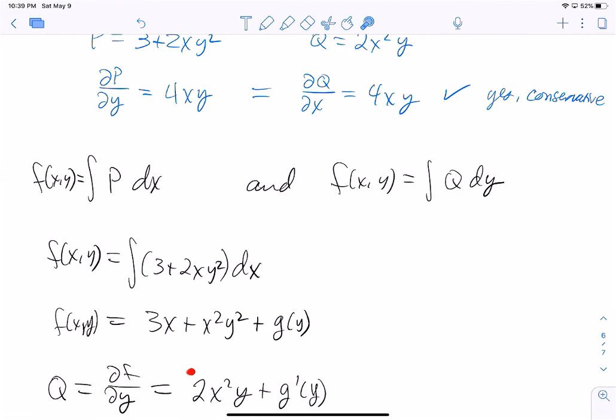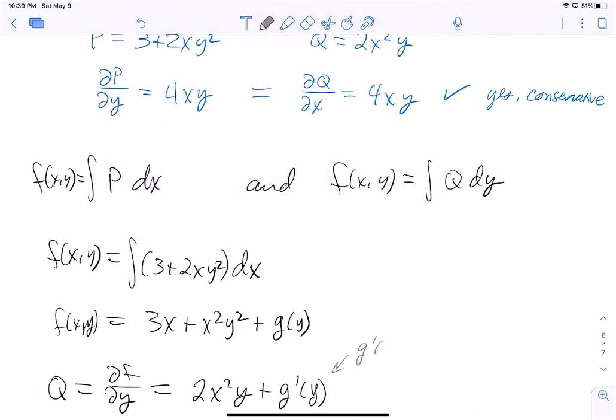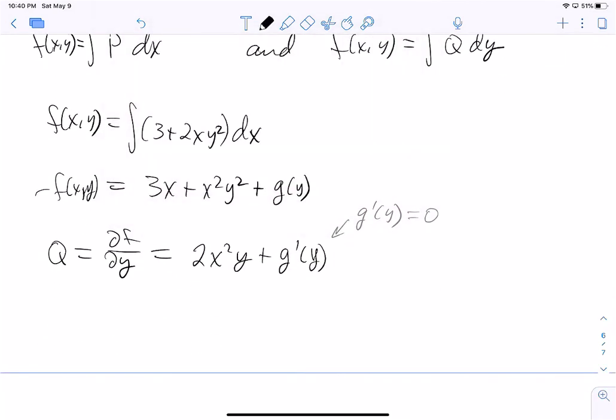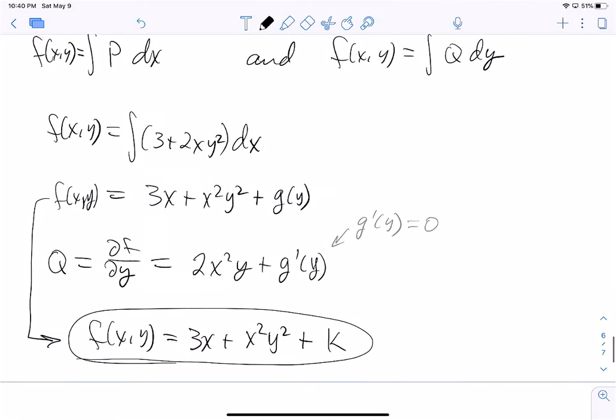Since what we have is 2x squared y plus g prime of y, we know that g prime of y must be 0. Therefore, knowing that g prime of y is 0, we can say f of x, y is equal to 3x plus x squared y squared plus the integral of 0 with respect to y. And folks, that's going to be a constant. Now we were asked to find this potential function, so I'll circle it. That's how our author does it.